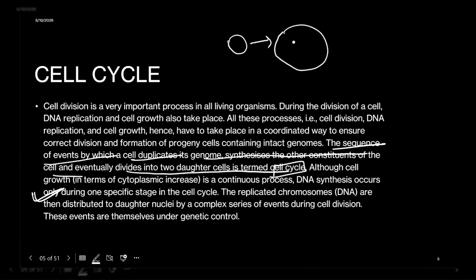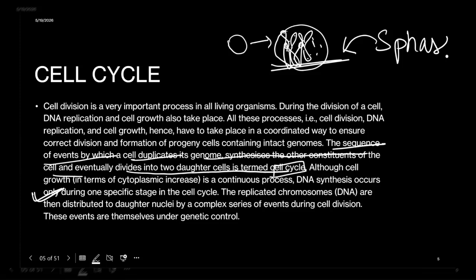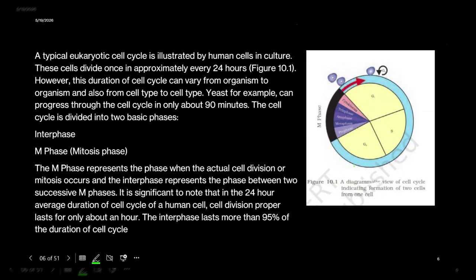That is a continuous process, as the cell cytoplasm increases. But DNA replication, or genomic replication, will occur only once, and that too in the S phase of the cell cycle. We will learn that. Then the replicated chromosomes are distributed into the daughter cells. Already I have told you that. So I hope this is clear to you, right?